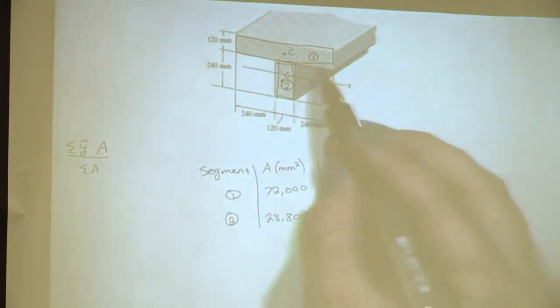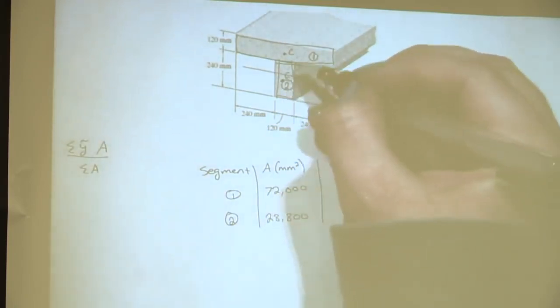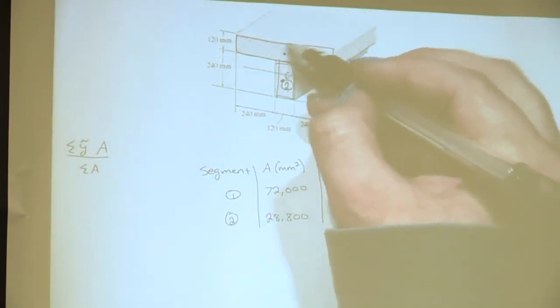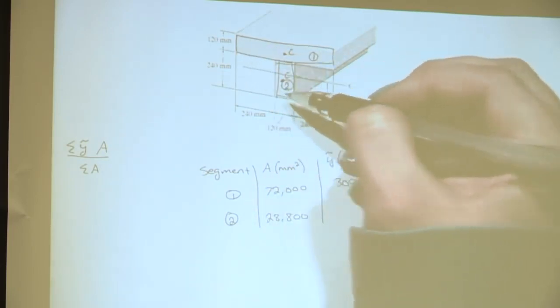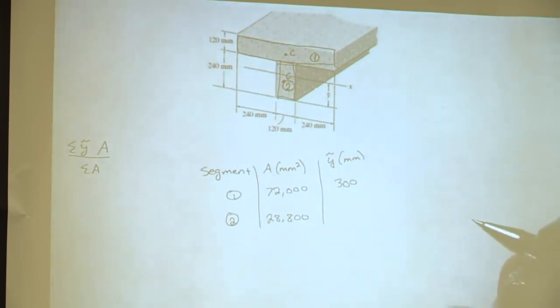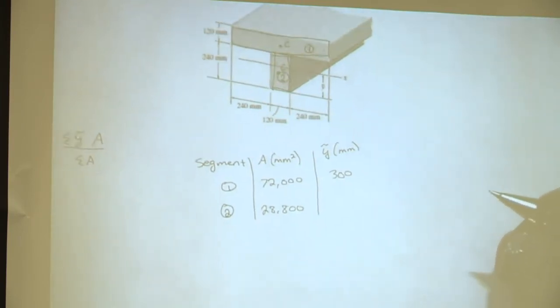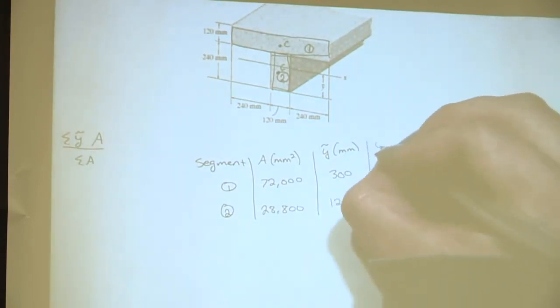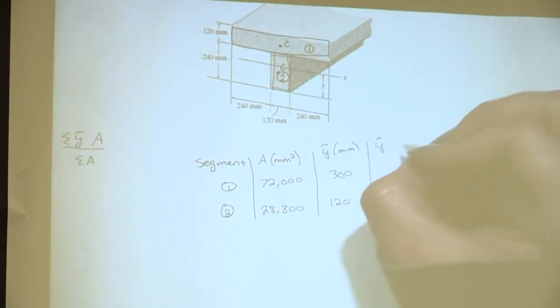So we have segment 1 right here, and this entire distance is 240. But this centroid is located half the distance of this, which is 120, so 60, plus the 240. Does that make sense? Okay. And then what about for 2? 120.